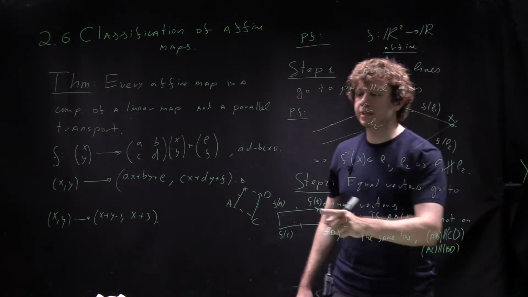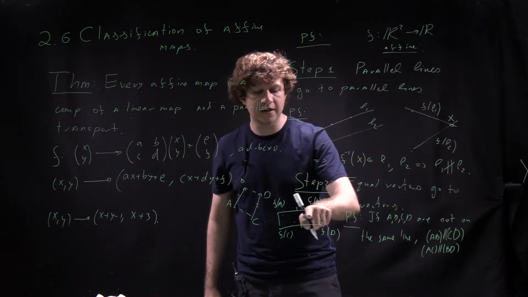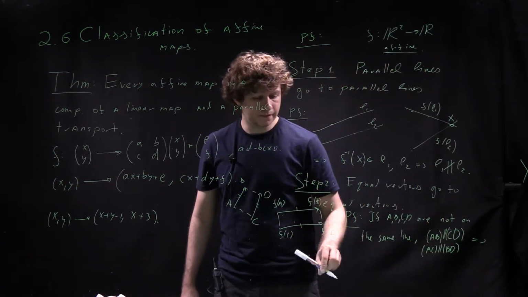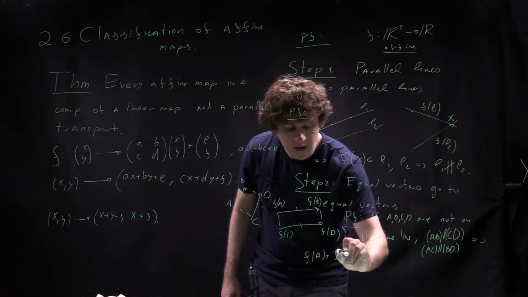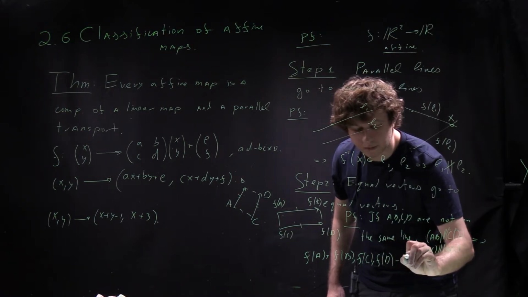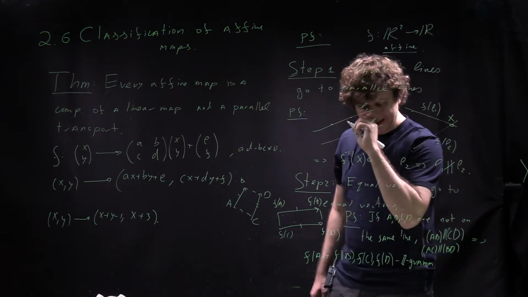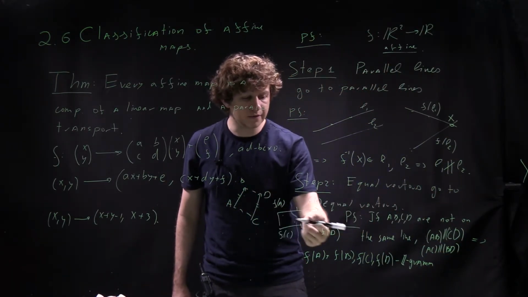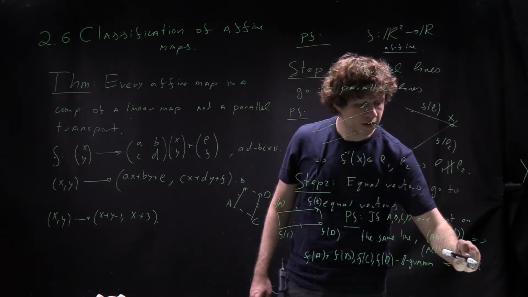And so the same two conditions hold for points f of A, f of B, f of C, f of D, so we conclude that f of A, f of B, f of C, f of D are vertices of a parallelogram. I don't know how to denote it. So this guy. But then, of course, it means that vector fA fB equals vector fC fD. So we get what we want.